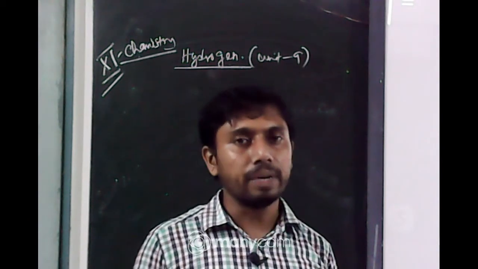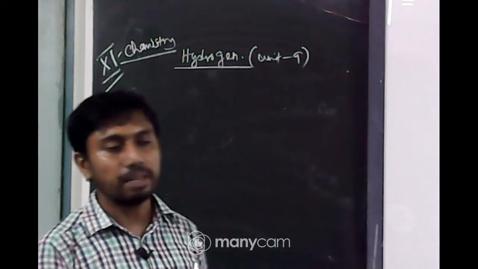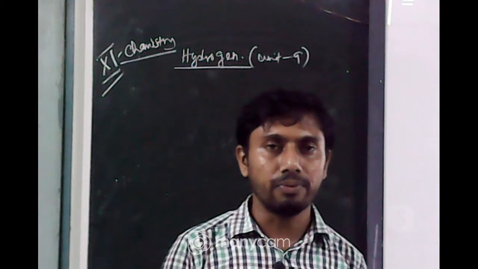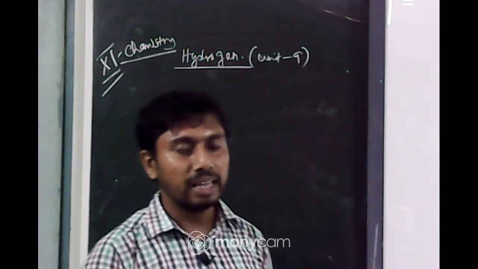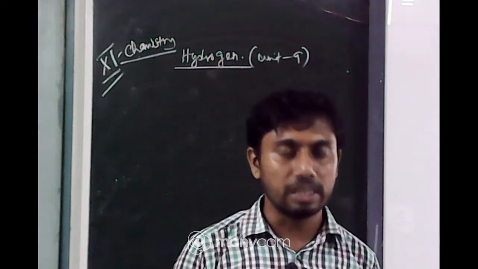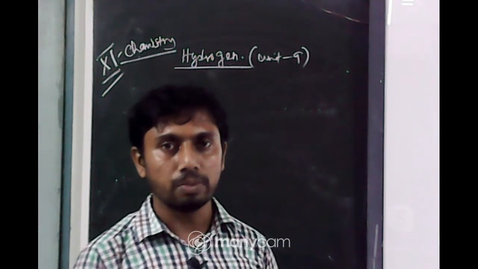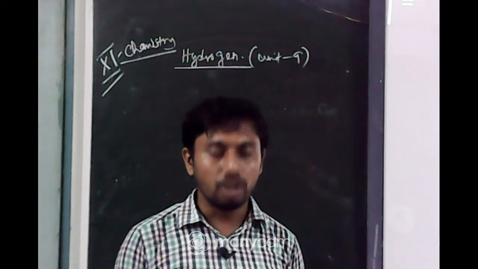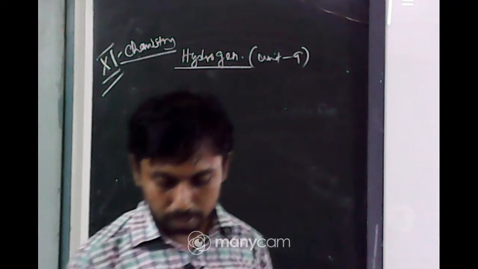At normal temperature, the ortho form is more stable, but if we decrease the temperature to around 40 Kelvin, then the para form will be more stable. So at higher or moderate temperature the ortho form is more stable, and at very low temperature the para form is more stable.